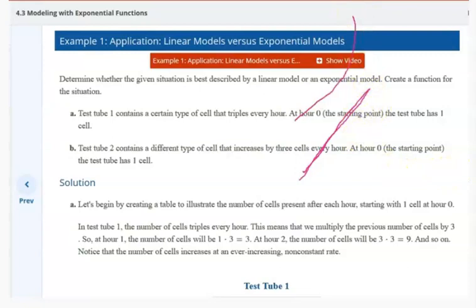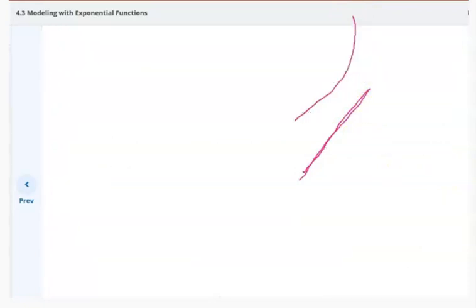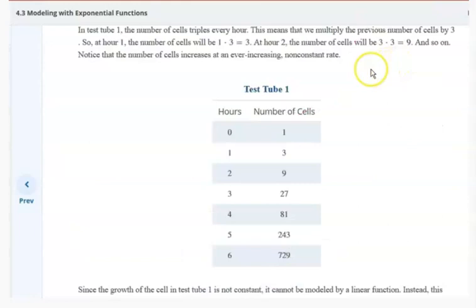All right, let's take a look at this. As we look at number 1, test tube 1, we start off with 1, then we go to 3, then we go to 9, then we go to 27. And we describe this kind of growth as exponential growth.